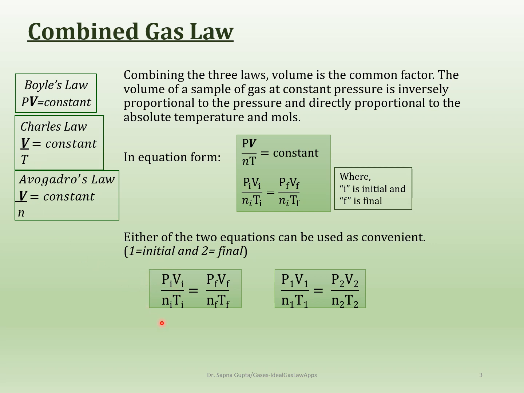So here now, if you look at these values or conditions, pressure and moles, it's on top of each other. So it's numerator and denominator. It means that it is going to be a direct relationship, which means what? If you increase the number of moles, you increase the pressure also, okay?